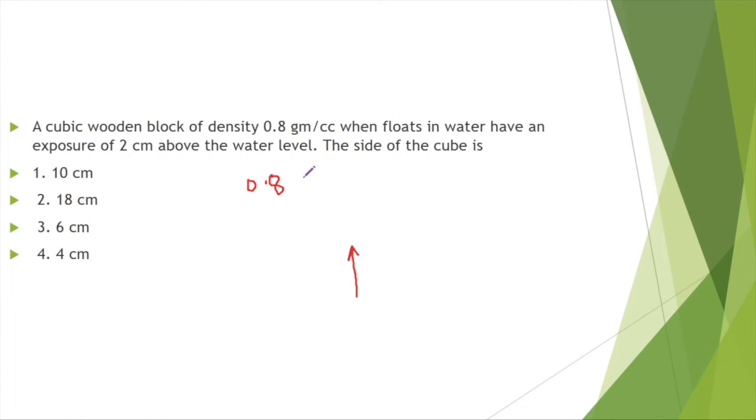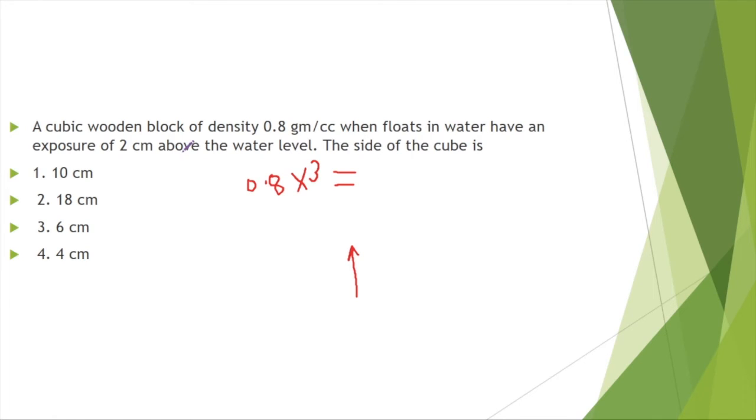If we assume the side of the cube is x, so its volume is equal to x cube, right? Now this x cube into density becomes mass, right? Density into volume is mass, and according to buoyancy, this thing is equal to the volume of the cube which displaces the water, right?